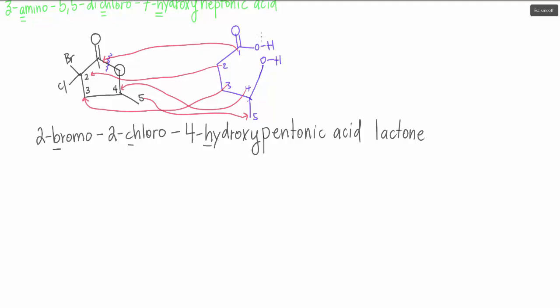Now we have regained it. And H is lost from your hydroxy group. We have now gained it. So this is the lactone on this side. And this is the carboxylic acid. Okay?